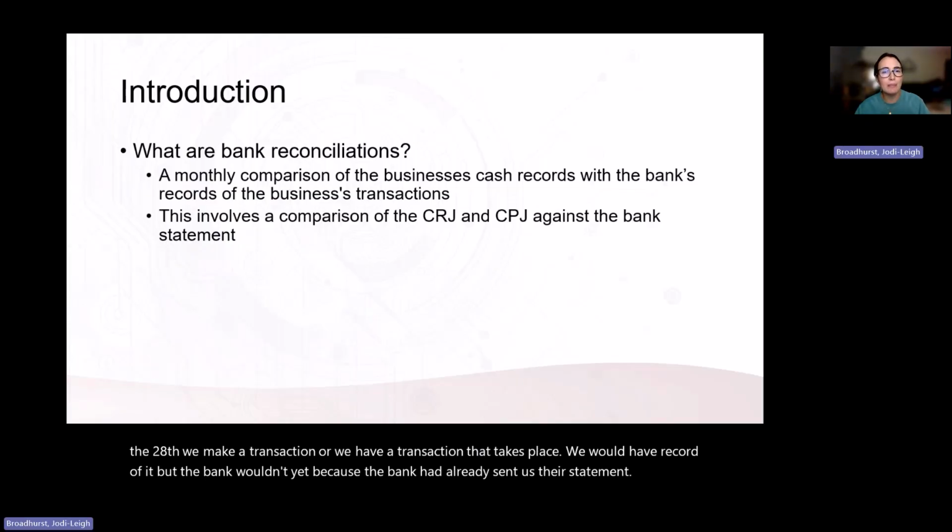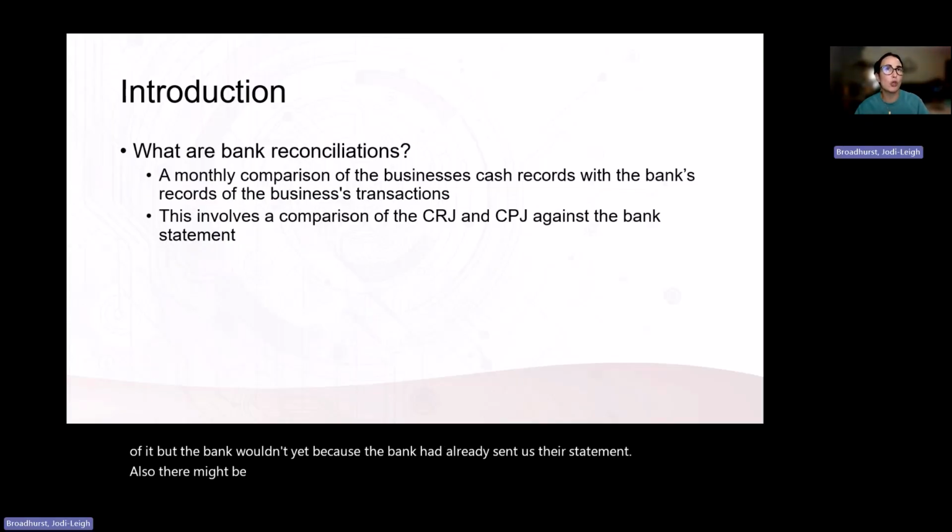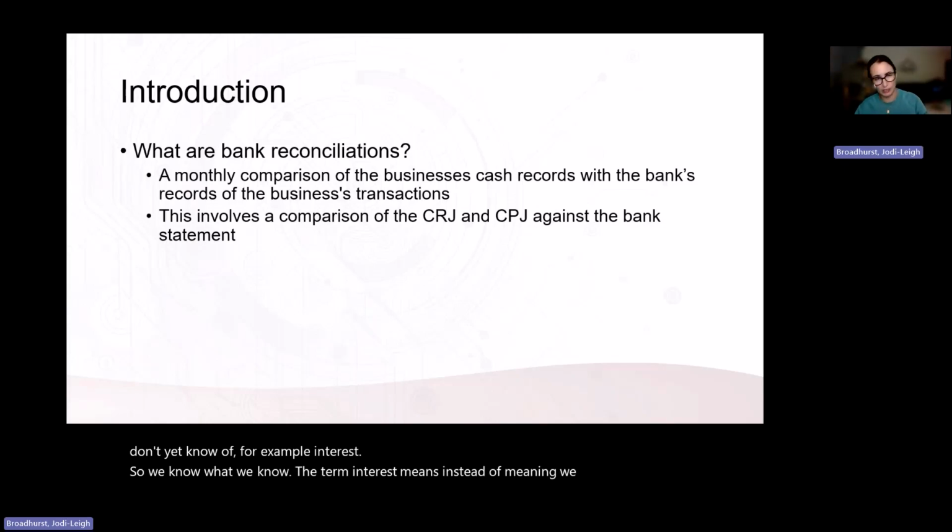Also, there might be some things that took place that the bank has a record of, but we don't yet know of. For example, interest. We get interest income and interest expense.